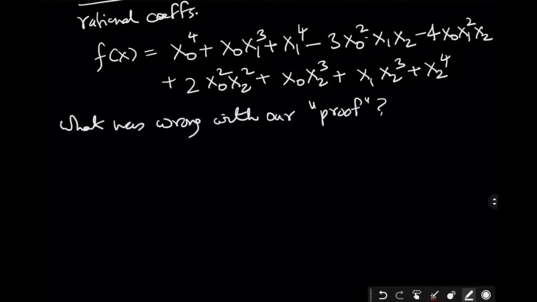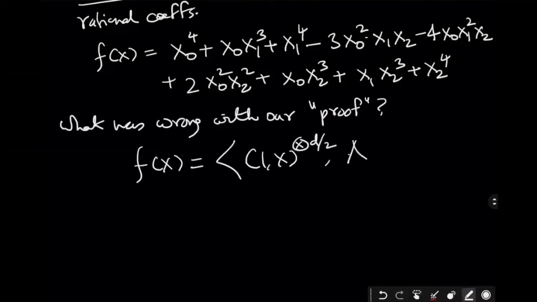Well, the way we began was we said, look, f has rational coefficients, and if it's SOS, then in fact f(x) can be represented as a quadratic form of some matrix A, right?